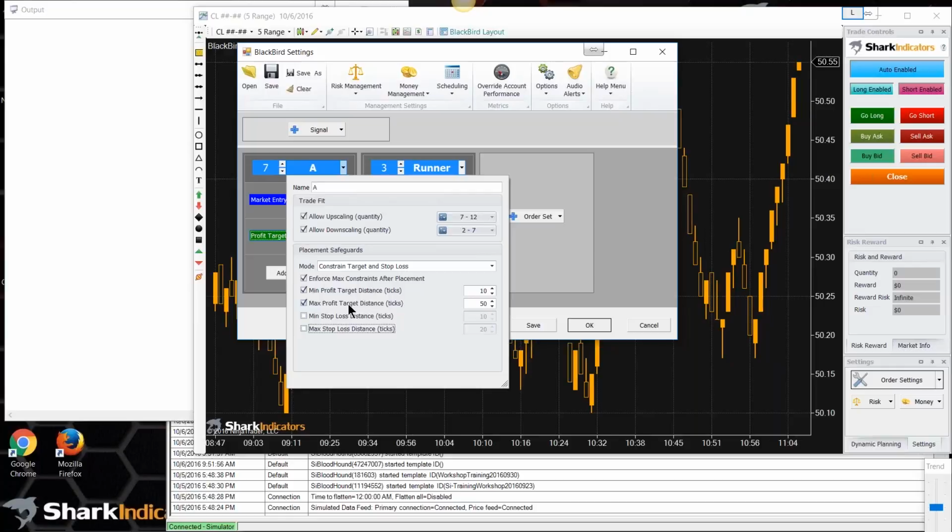That way, if the market gets too volatile, you may not want your profit target set more than 50 ticks. You can place some constraints there in a really volatile market, but at the same time, if the market is dead and really consolidating, you may not want your profit target any less than 10 ticks.